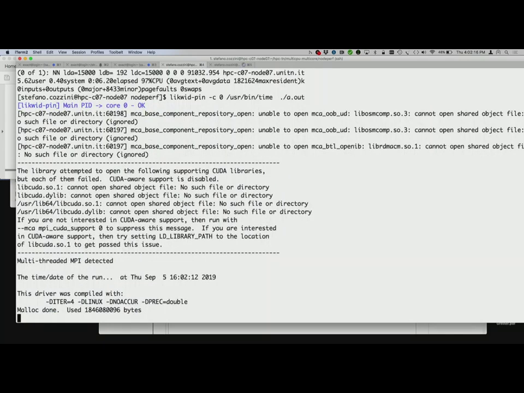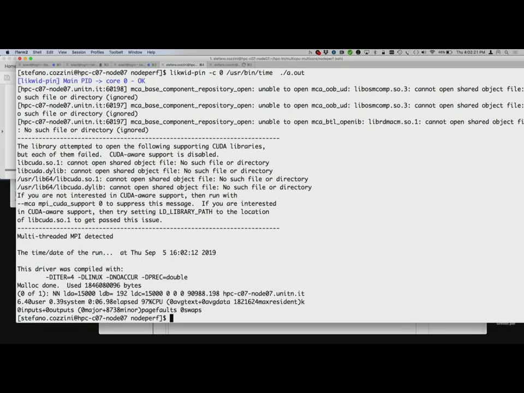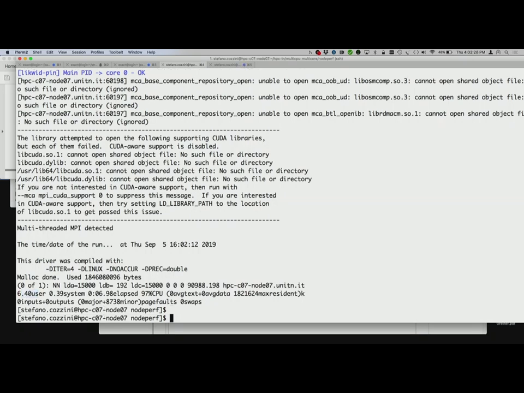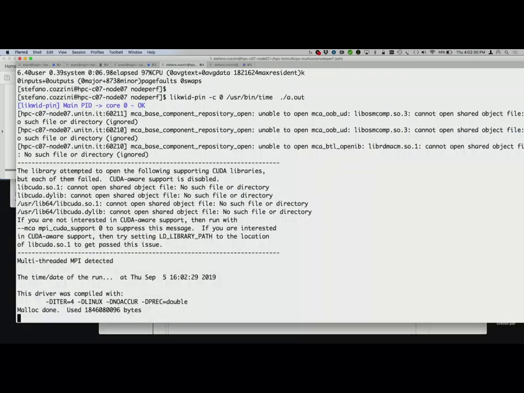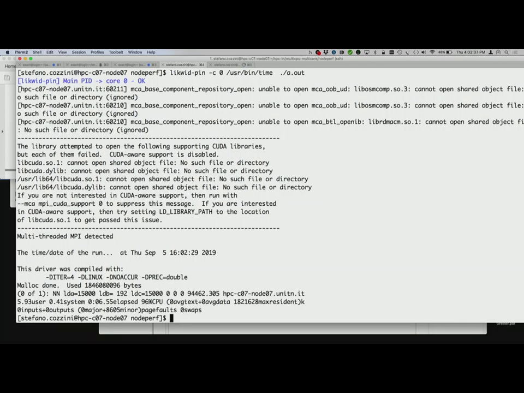Okay, so these are tools just to measure. So, well, again, a fluctuating 64, whatever. So I tried 3 times and I got numbers around 0.40 for system time.